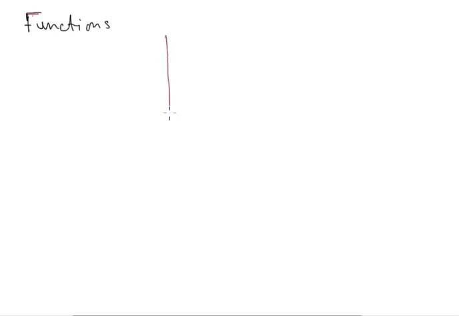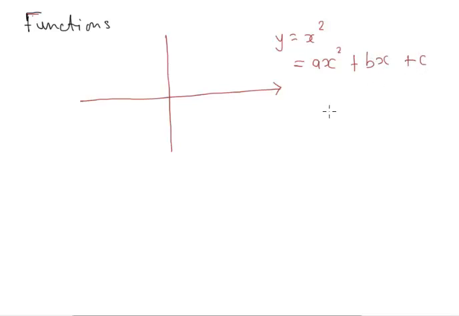Let's take the standard parabola, y equals x squared. Then I think you understand that when I'm looking at this parabola, the general equation of the parabola is ax squared plus bx plus c, isn't it?